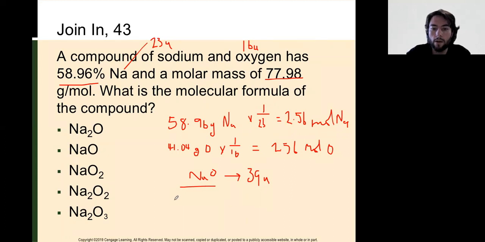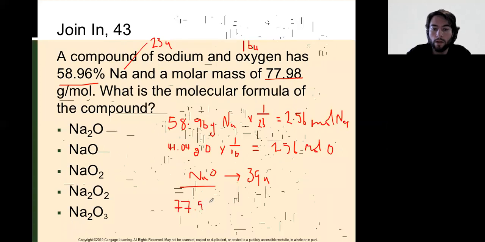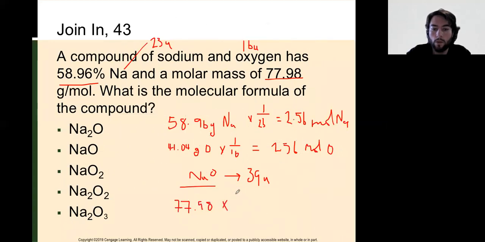So we need to find 77.98 times 1 over 39, which is equal to 1.99, approximately 2.